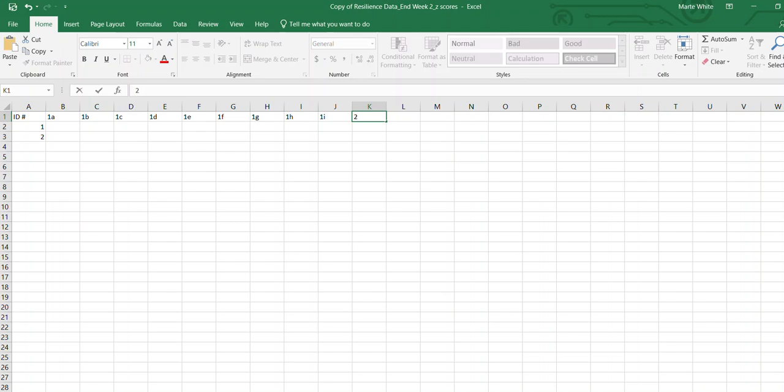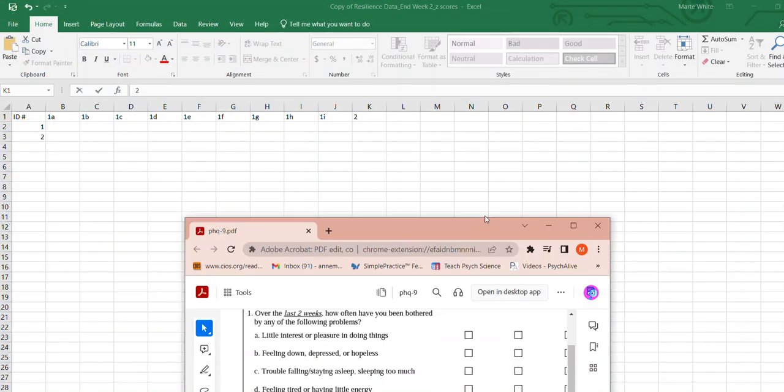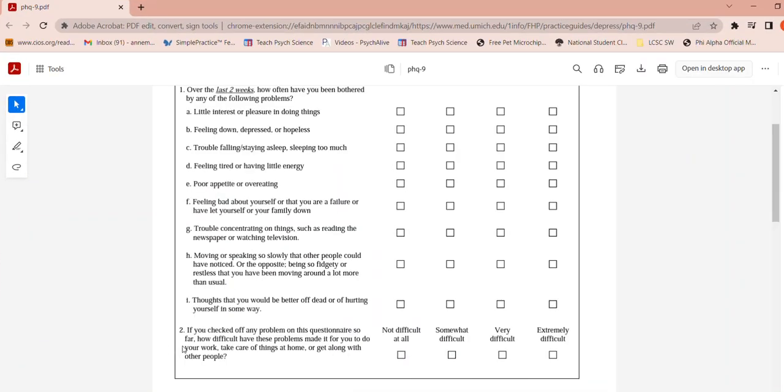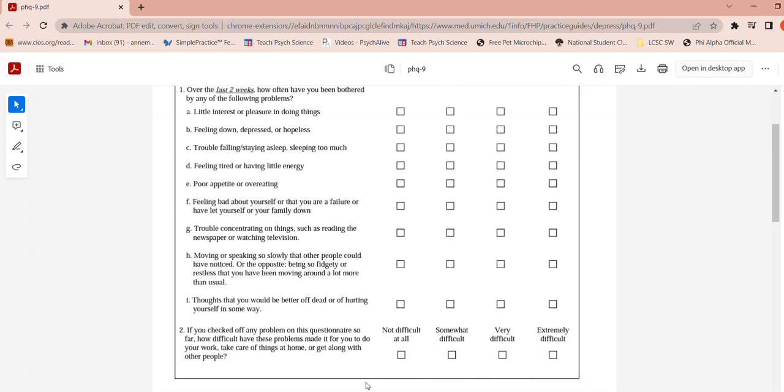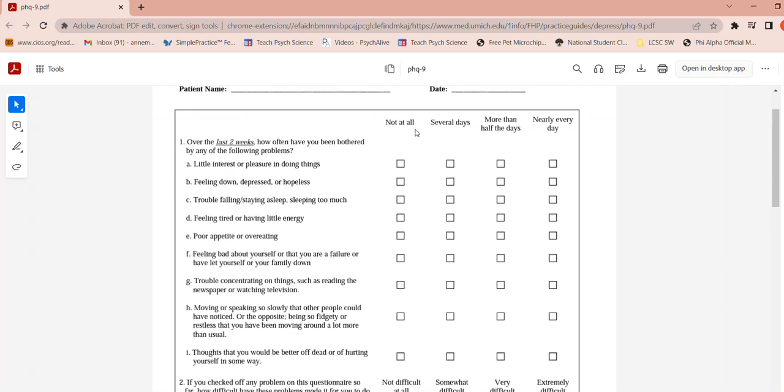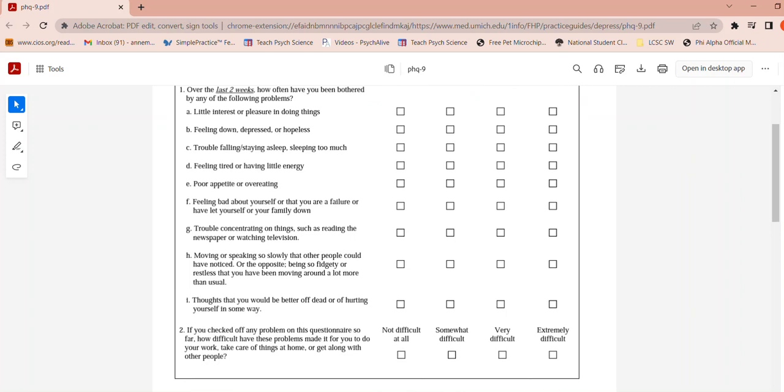which asks the final question of, if you checked off any problems on this questionnaire so far, how difficult have these problems made it for you to do your work, take care of things at home, or get along with other people? Not difficult at all, somewhat difficult, very difficult, extremely difficult. So you want to make sure that you have those also a little bit separate, because that scoring, not difficult at all and not at all, those are different scoring.